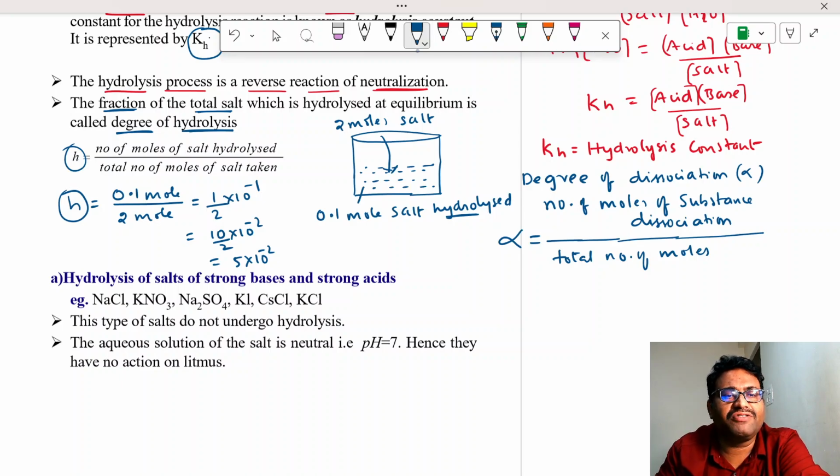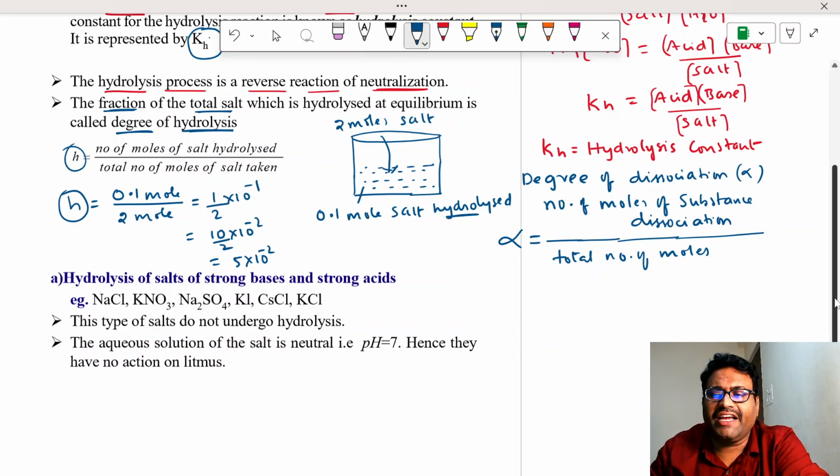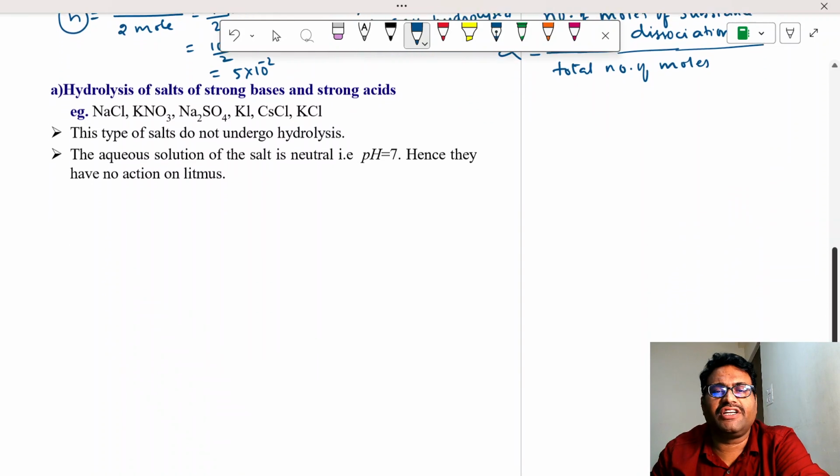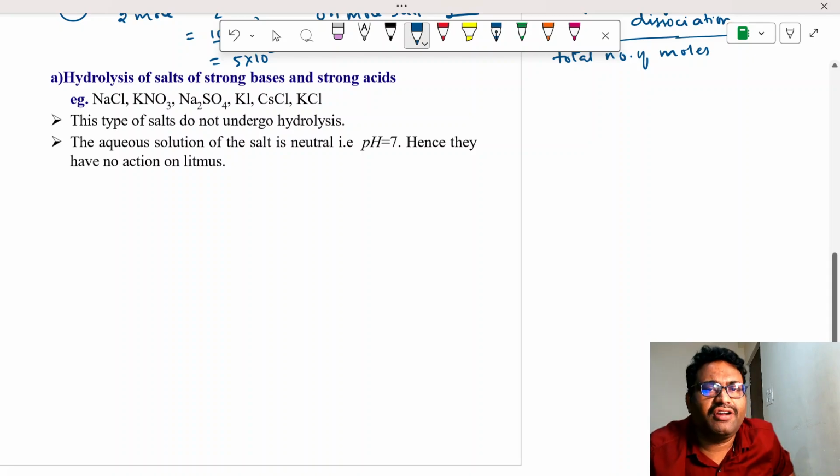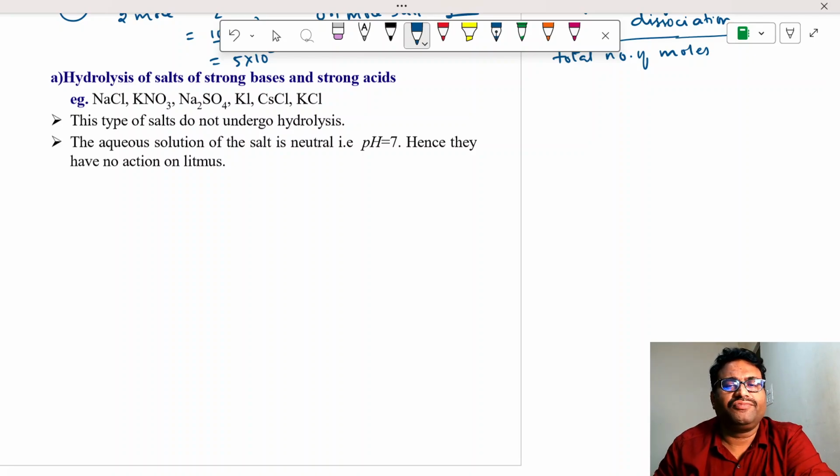In the same way, we have studied alpha as the degree of dissociation. As this is a hydrolysis process, we study it as the degree of hydrolysis. Understood? What is KH? Hydrolysis constant. What is small h? It is the degree of hydrolysis.